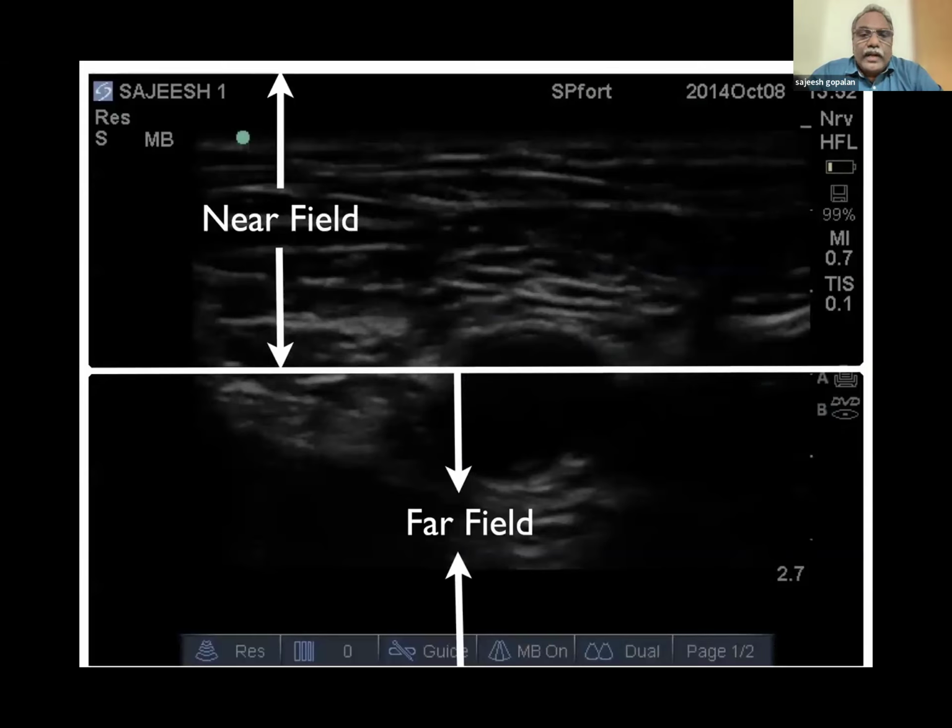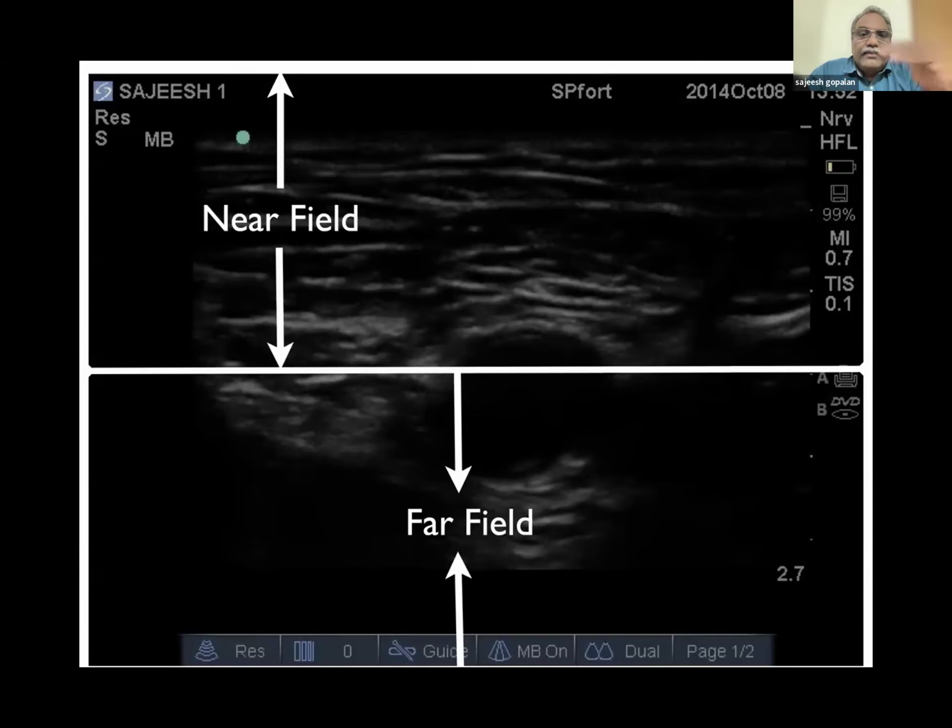It is nothing but, like your laptop, in the upper portion of the laptop, that is your monitor ultrasound. Then the upper half, we call it the near field, and the lower half is the far field. When you are placing a probe, almost always the top portion is skin. So the skin, then subcutaneous tissue, then next come the deeper structures. Likewise, it goes.